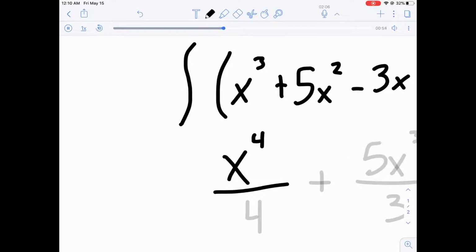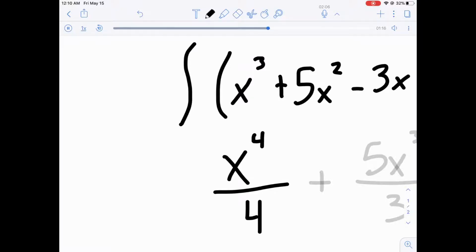We're going to add a power to it. And when you add the power to it, you have to divide by that number that you just added to it. So for example, x to the third is now going to change into x to the fourth over 4. So it's basically just adding one power and then dividing by whatever number that just gave you.